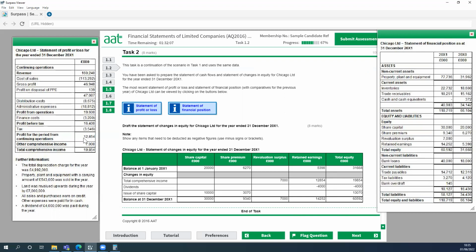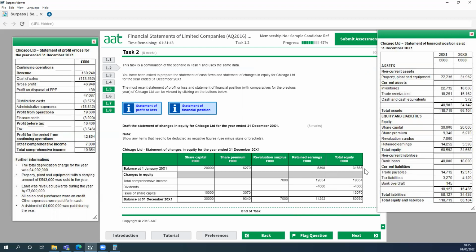So go to your P&L. Your profit from continuing operations is 12,854. Take off your dividends, because that's your opening retained earnings, plus any profits, minus any dividends that have been paid, which will give you your balancing figure at the end of the year, okay? And they're just your balancing figures at the end.